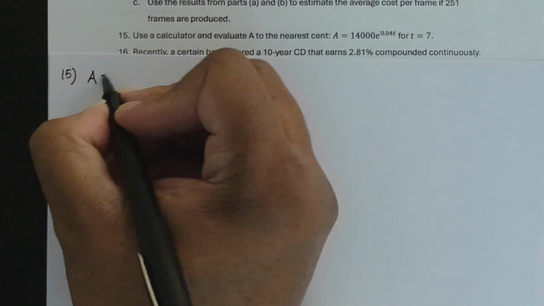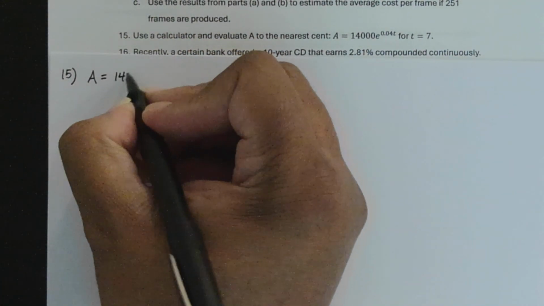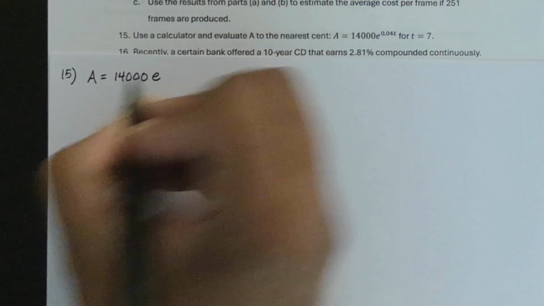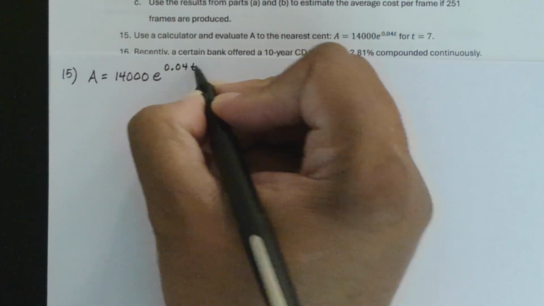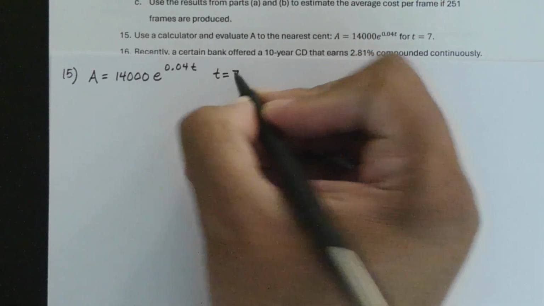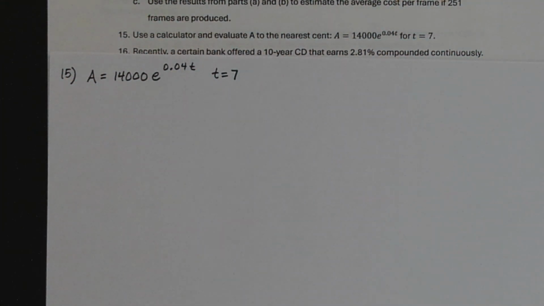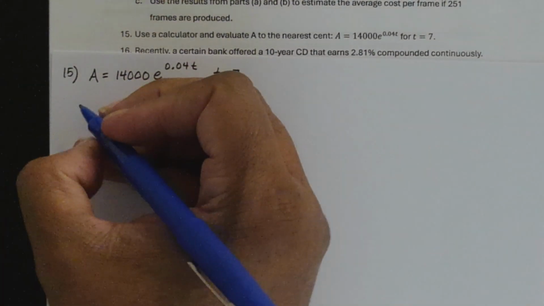So I got A is equal to 14,000 times e to the 0.04 t, and t is equal to 7. So all you do there is just do direct substitution and use your calculator to come up with your final answer.